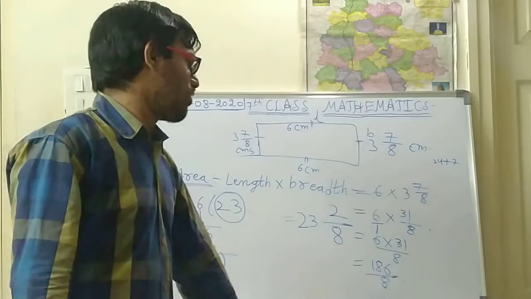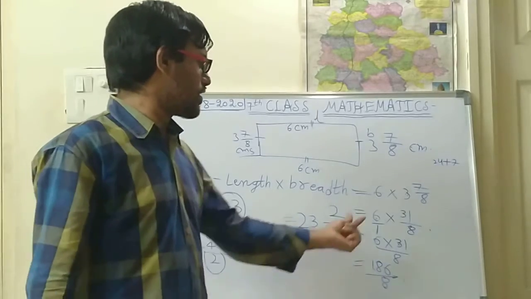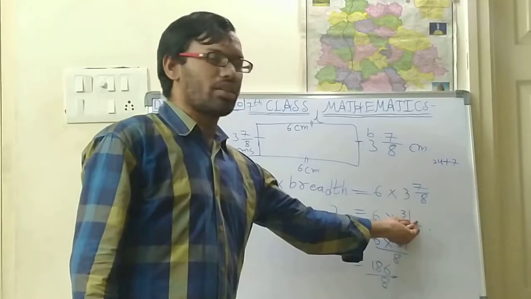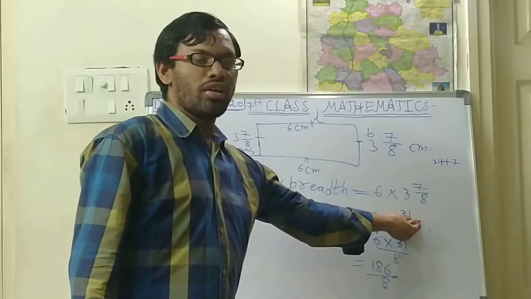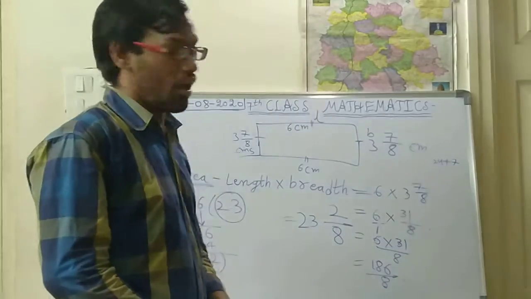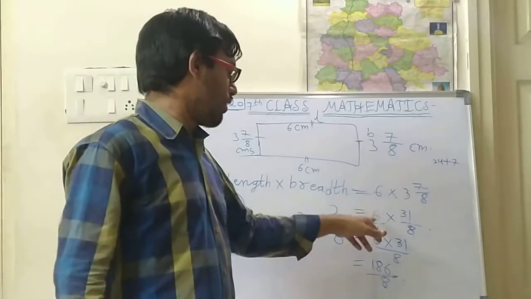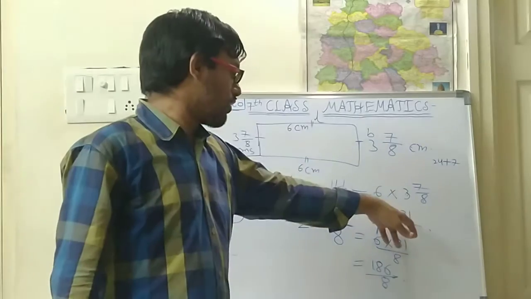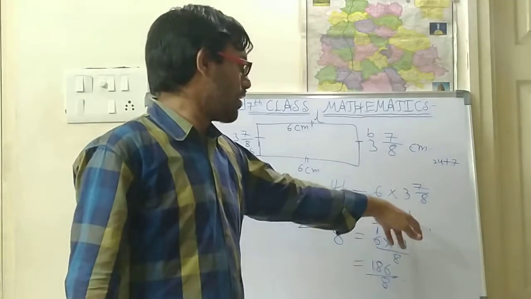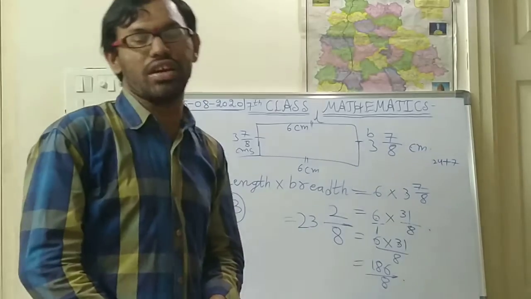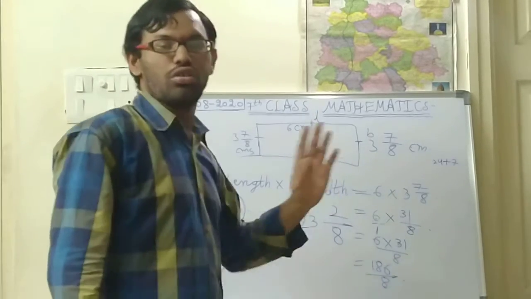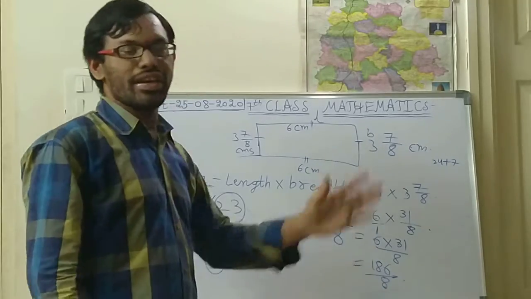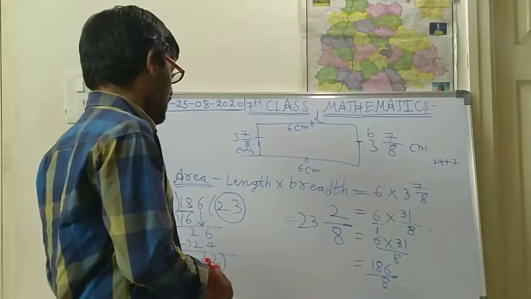One more thing you can understand from this: the whole number should be multiplied with the numerator of the improper fraction. I hope you are understanding. So like that you should do the multiplications. So what is the area? 23 2 by 8 is the area. So this is the answer.